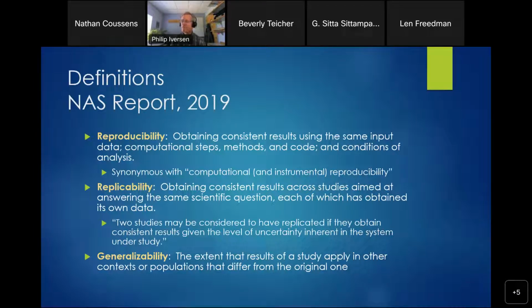So these three concepts are big in terms of data sharing, which is going on currently, how much people are beginning to share data from their publications.